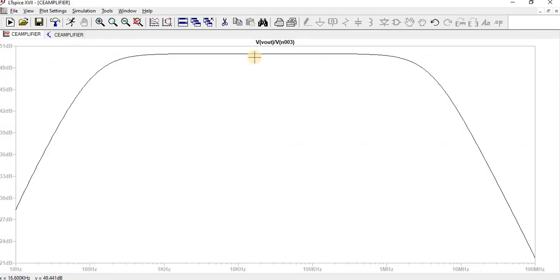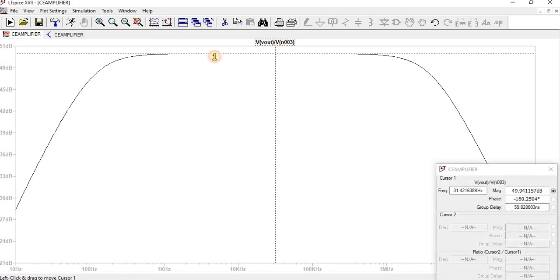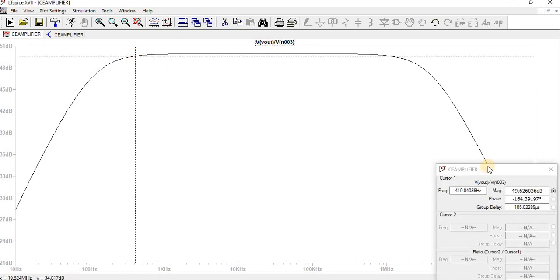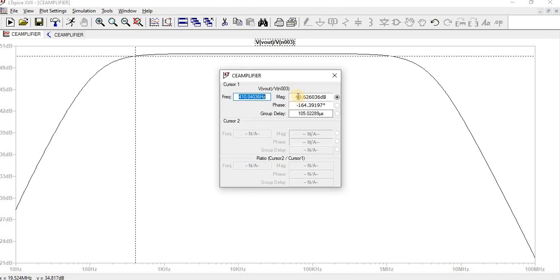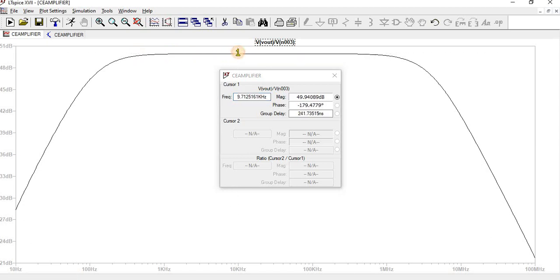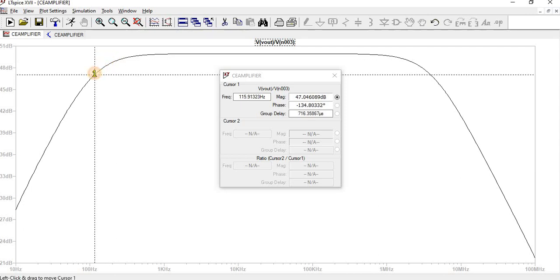To find the bandwidth, we should find the lower cutoff frequency and the upper cutoff frequency. To find that, choose the cursor, and here we can observe that the maximum magnitude is around 50 dB. So we should take 3 dB down from the maximum. Decrease to the 3 dB point.